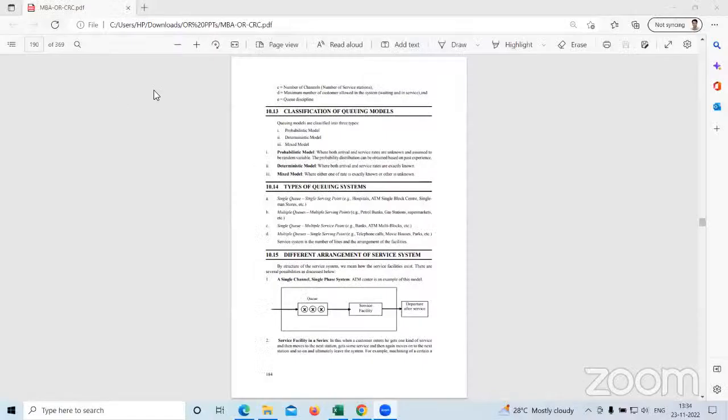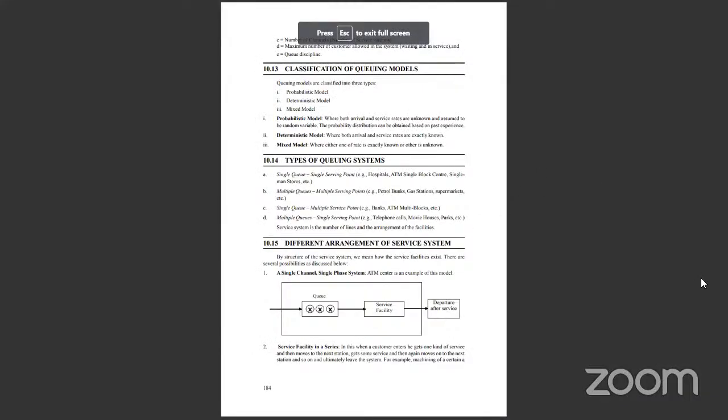Sharing it. One second. Can you able to see this? Yes, sir. Is there in your book?